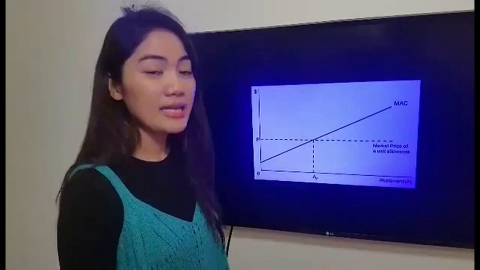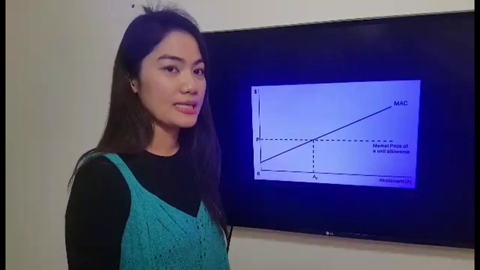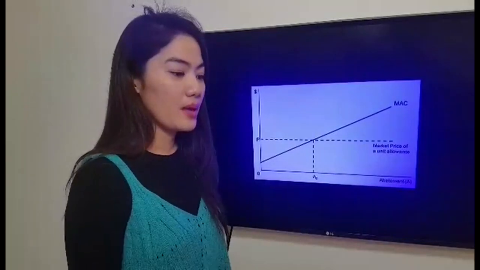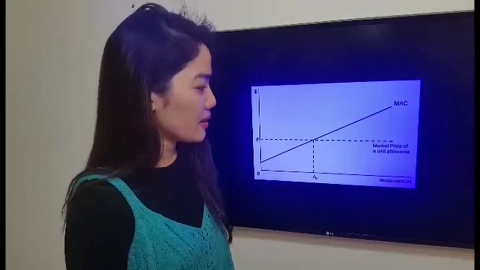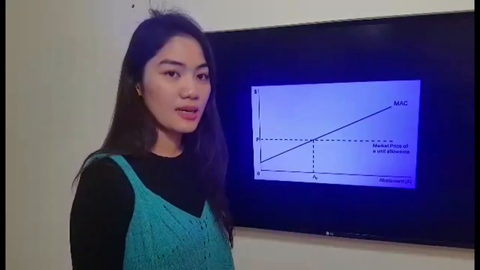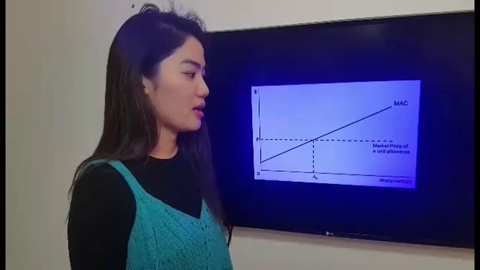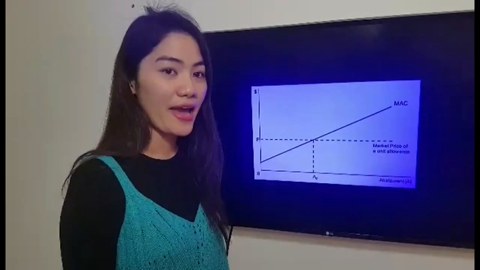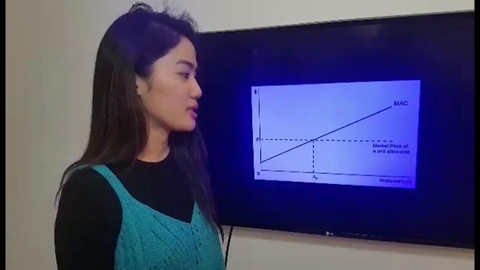And in this market, there are two parties participating. One side is the abatement allowance seller, or we can call them the allowance supplier, and the other side is the abatement allowance buyer, or we can call them demanders.